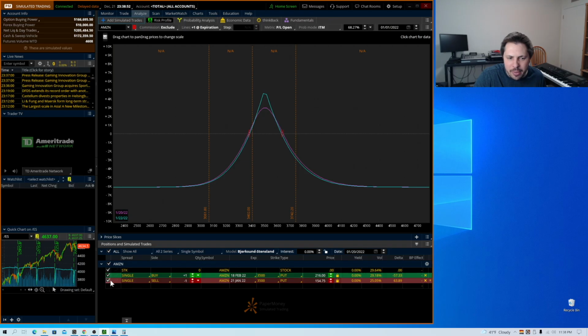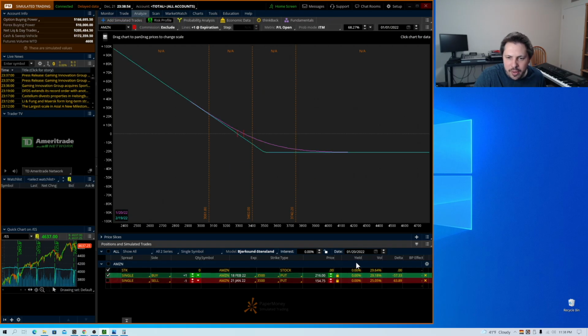And then what would happen is this would go away, and we would keep that money on the short put. And now we still own this put that has time value left, because it's a longer term option.